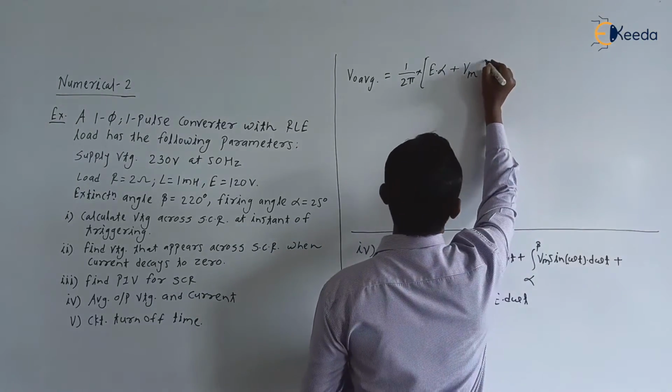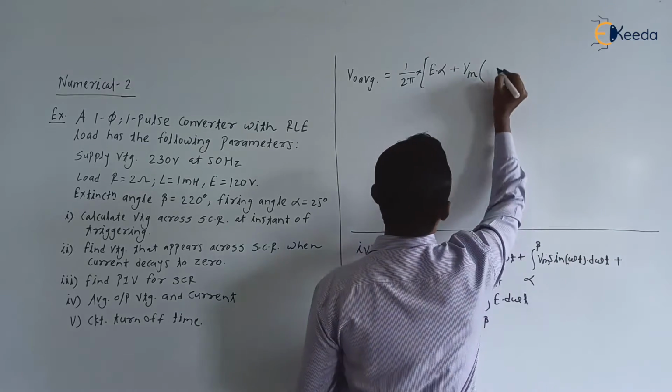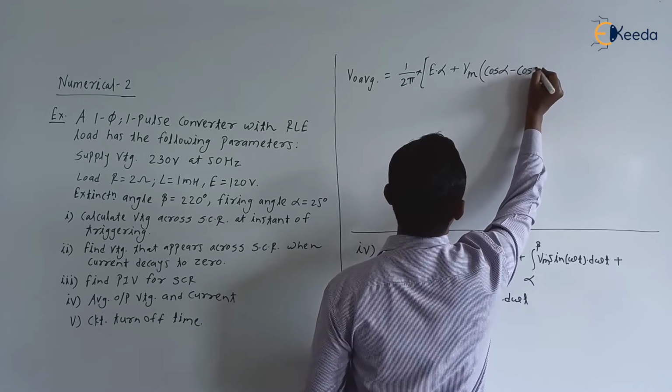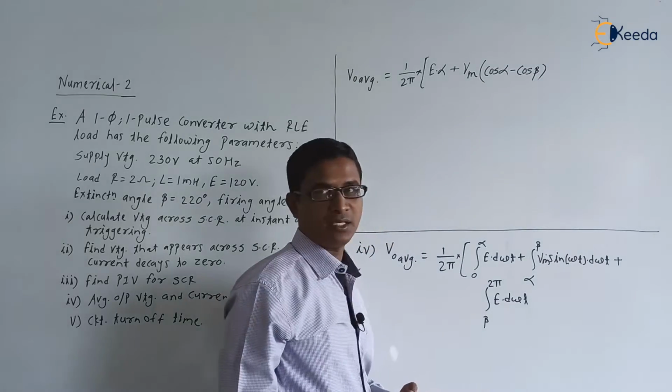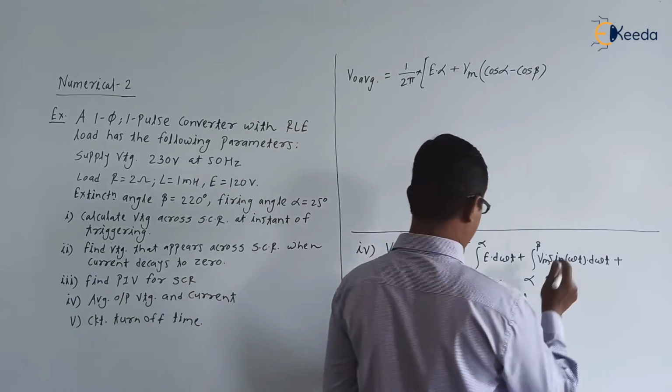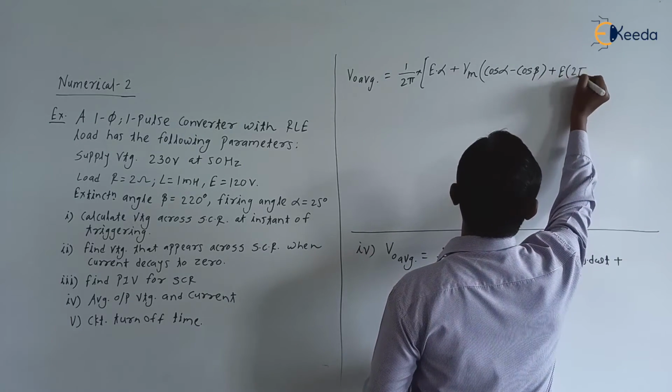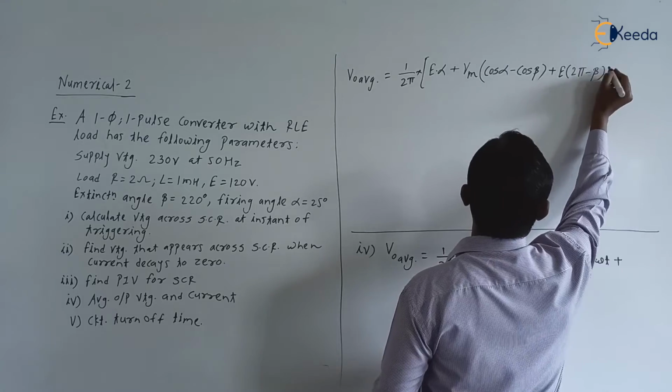So we can write it as minus cos beta plus cos alpha, so it is cos alpha minus cos beta. Are you getting the point? Next, plus E into 2 pi minus beta.